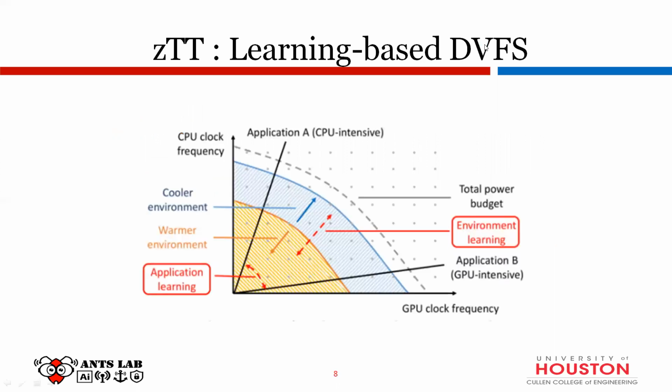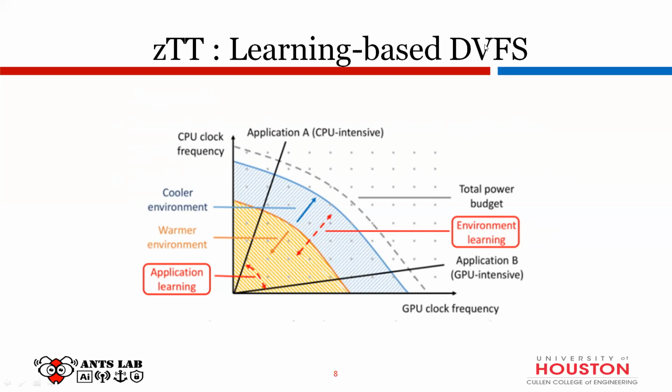So here's a picture showing how different applications work. On the y-axis is the CPU clock frequency, and the x-axis is the GPU. There are two types of application. First is application A, which is CPU intensive, and application B, which is GPU intensive. So there are different purposes for both applications.